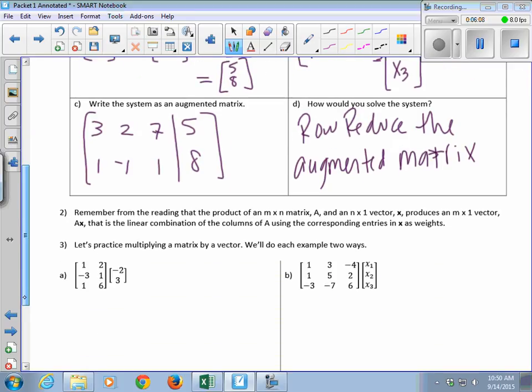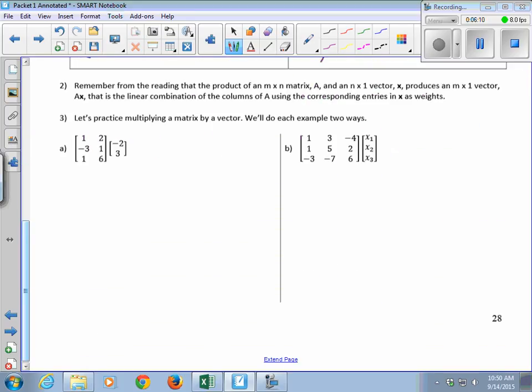We'll do it two ways: the book's way of thinking in terms of linear combinations with weights from the vector, and another way that some people like better. I like the other way better, but they're totally equivalent.